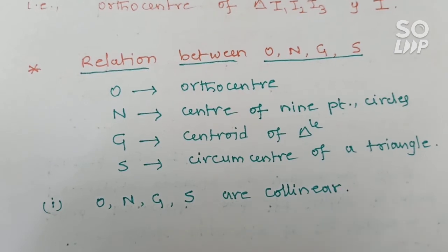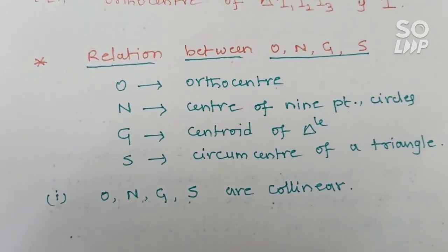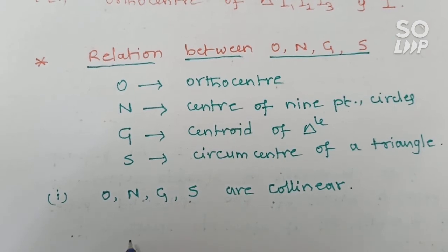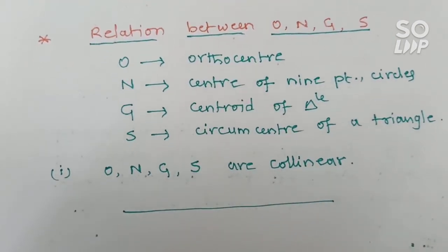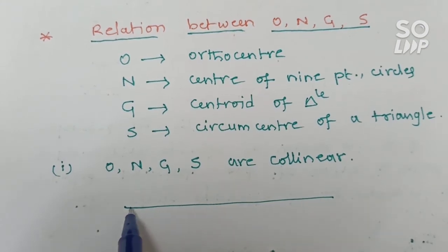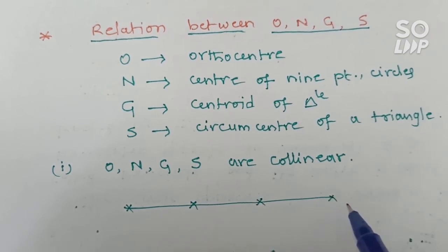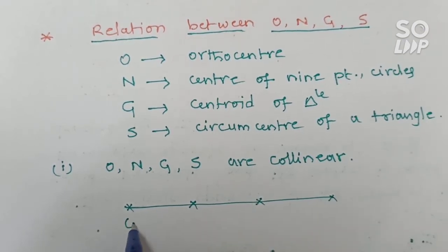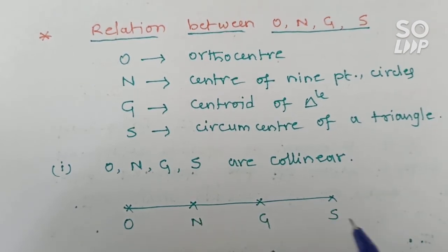This is the very most important point: O, N, G, S are collinear. What is meant by collinear? Collinear means all these points lie on the same line.